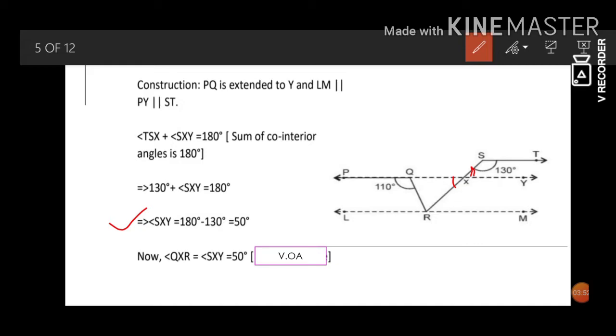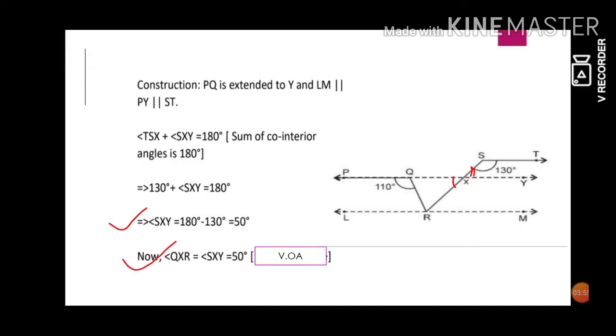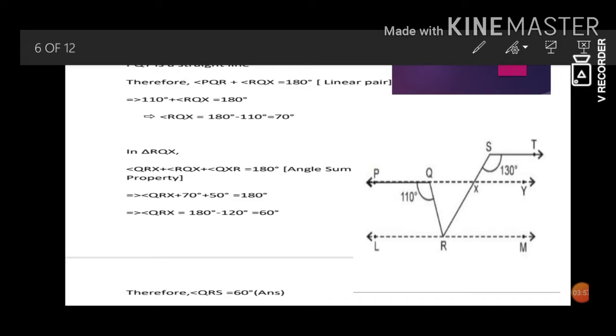So we can say that QXR is 50 degrees. Now PQY is a straight line. So angle PQR and RQX together is 180 degrees by linear pair. So we can write that 110 degrees plus RQX is equal to 180 degrees. On solving for RQX we get 70 degrees.